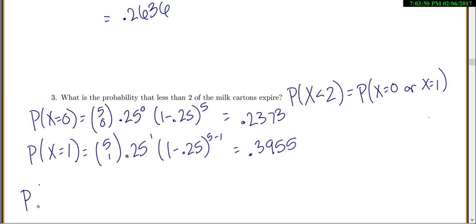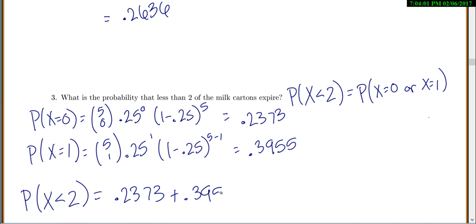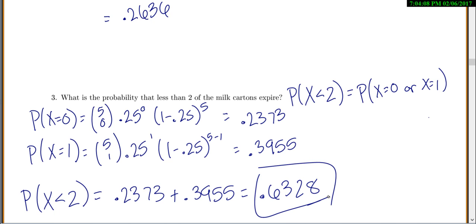Once you've found each of those individual probabilities, the probability that x is less than 2 is you just add all of those up. So 0.2373 plus 0.3955 equals 0.6328.